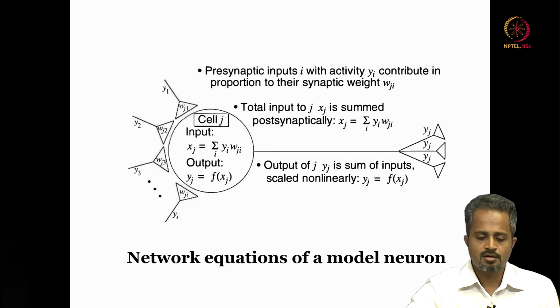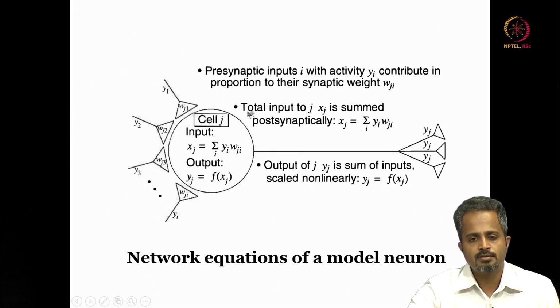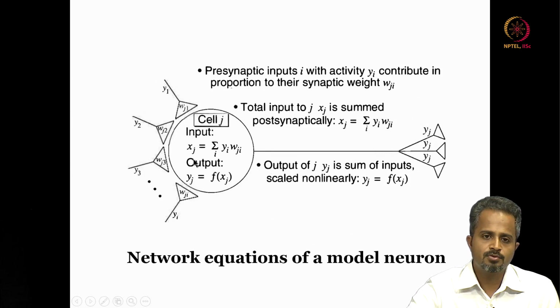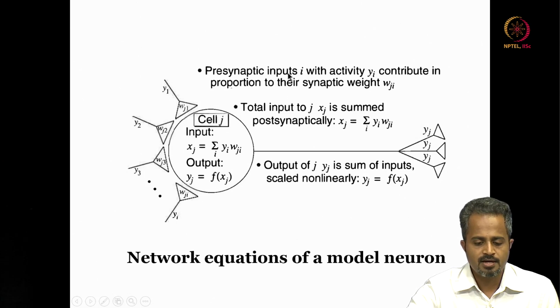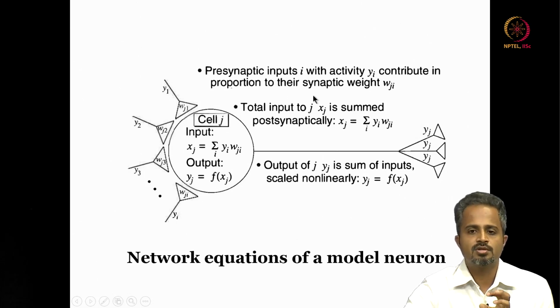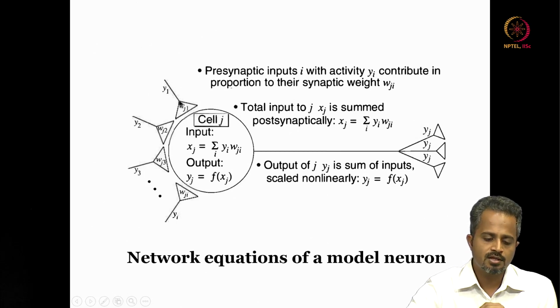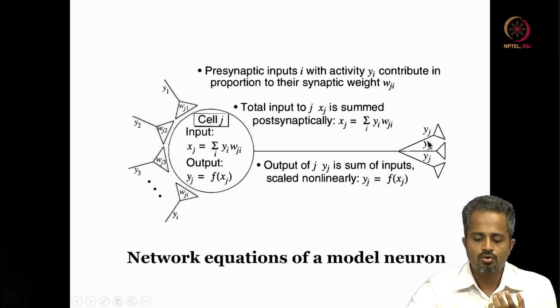So, when we look at it, that is a kind of mathematical model of the various inputs that the neuronal cell receives, and the presynaptic inputs with certain activity contribute in proportion to their synaptic weight. For example, there is an input from the occipital lobe and an input from the temporal lobe. Which of them should go here to bring out a certain action? That is decided by its own synaptic weights.